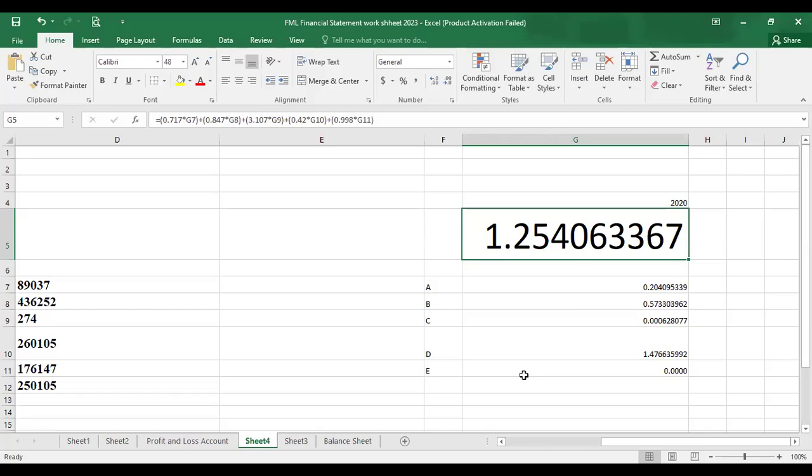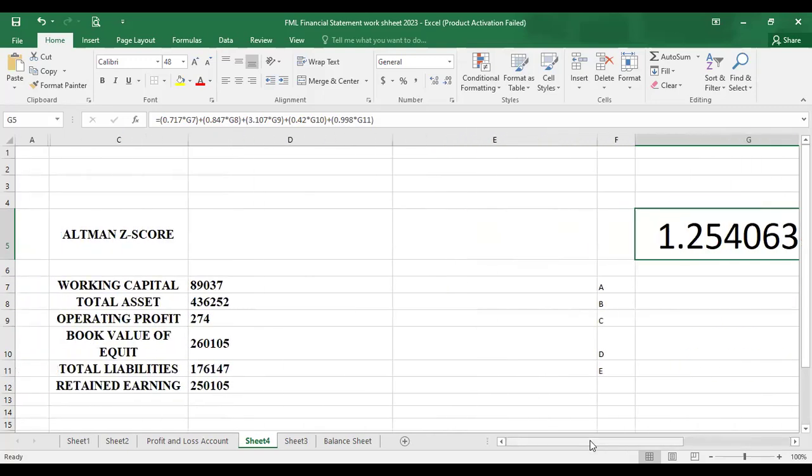So I'm saying that what I have done on the Excel sheet with the Altman Z-score, you would be expected to do the same thing for one of your assignments for this course, where companies would be assigned to each class member.